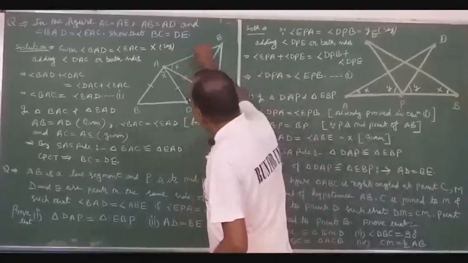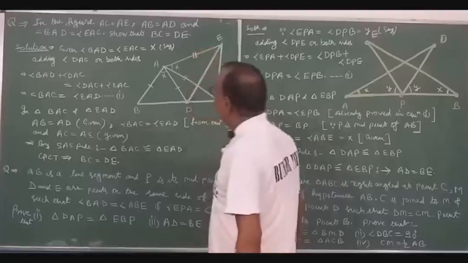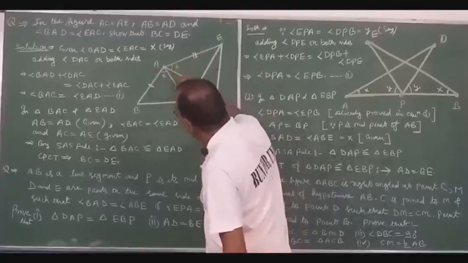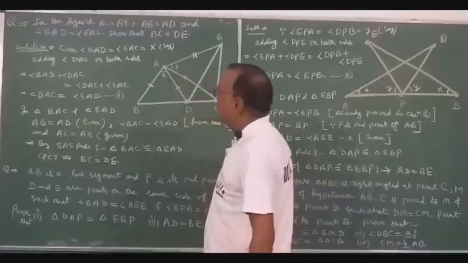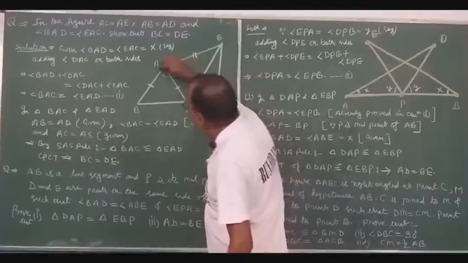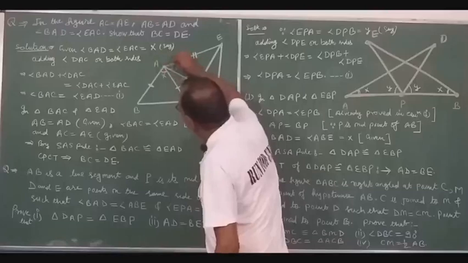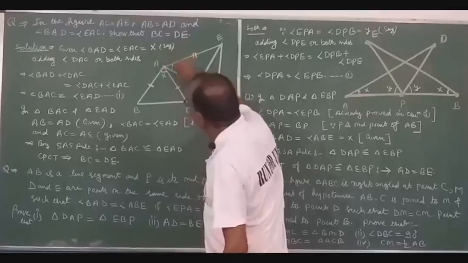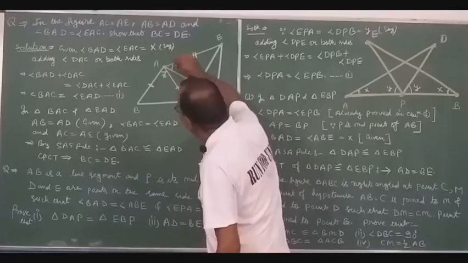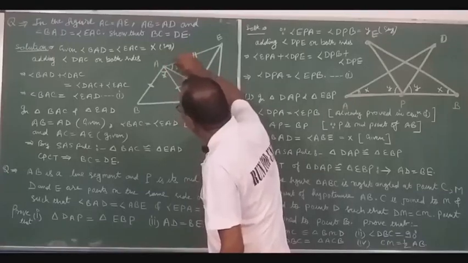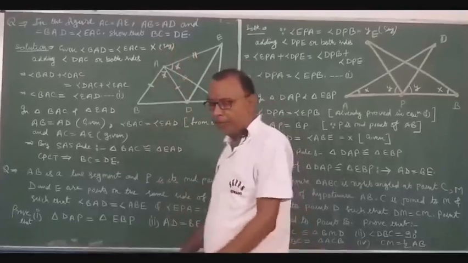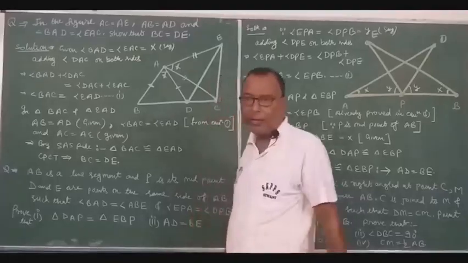AB is equal to AD, and angle BAD is equal to angle EAC. These two angles are equal, and we are assuming that they are equal to X. You have to prove that BC is equal to DE.